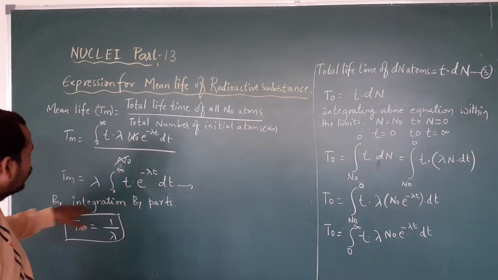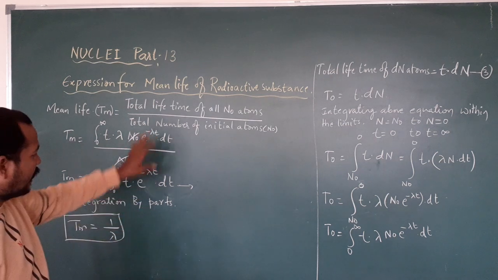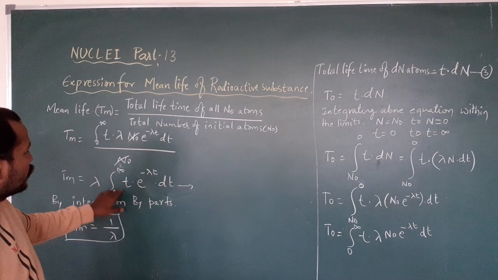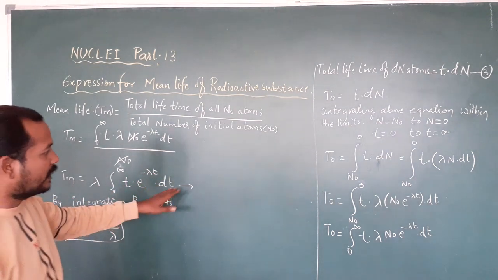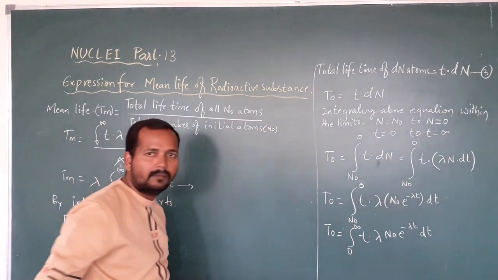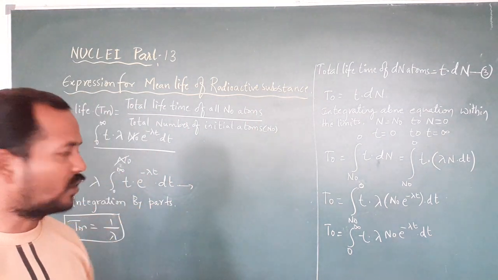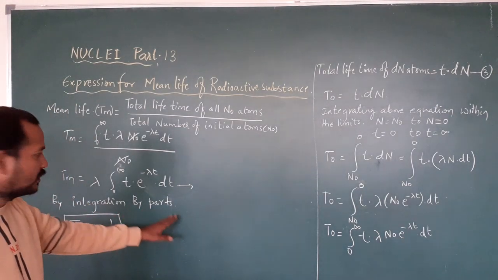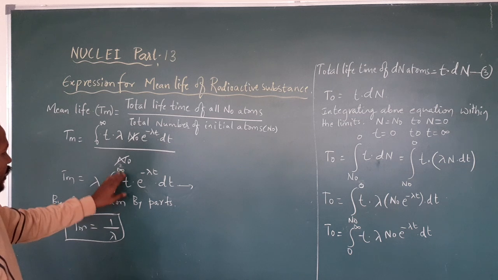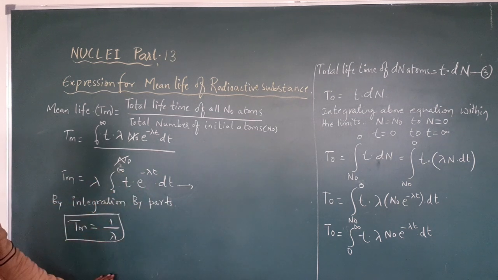Directly you write down Tm is equal to 1 by lambda. The integration of 0 to infinity t into e raised to minus lambda t into dt, you have to solve separately by the integration by parts method, which is not necessary here. Directly it can be written as 1 by lambda. So this is mean life.